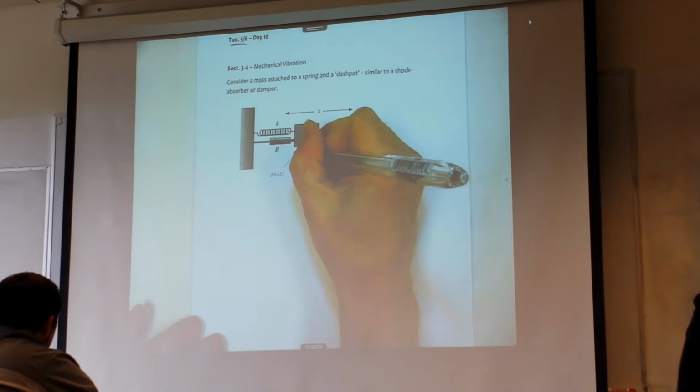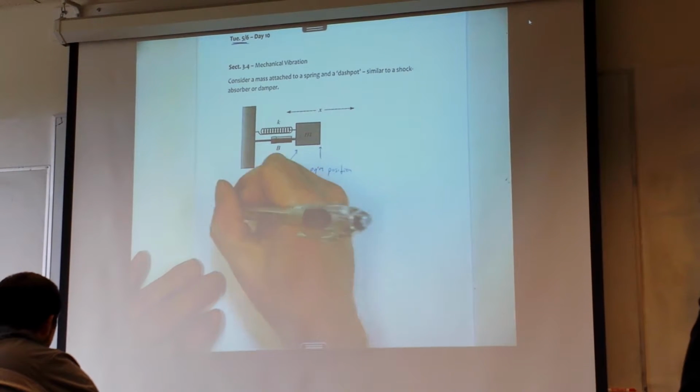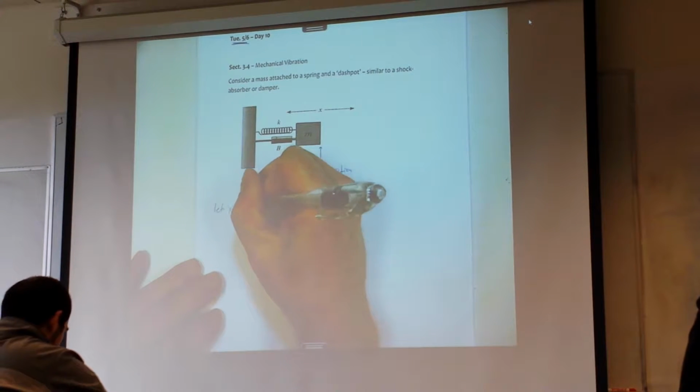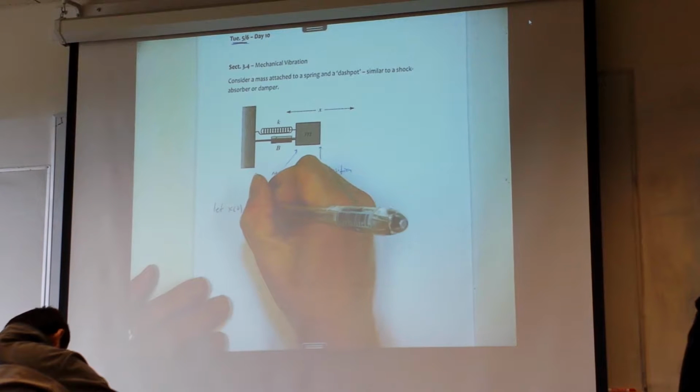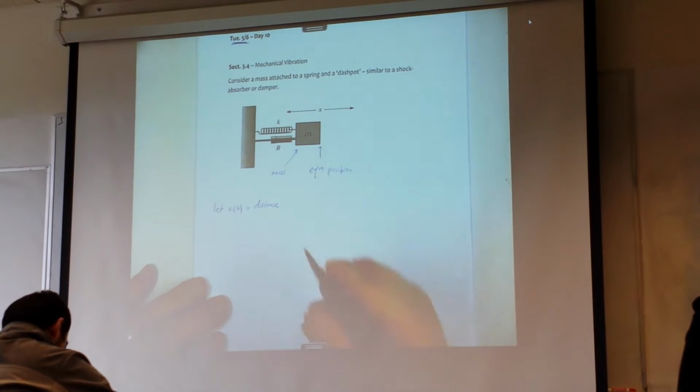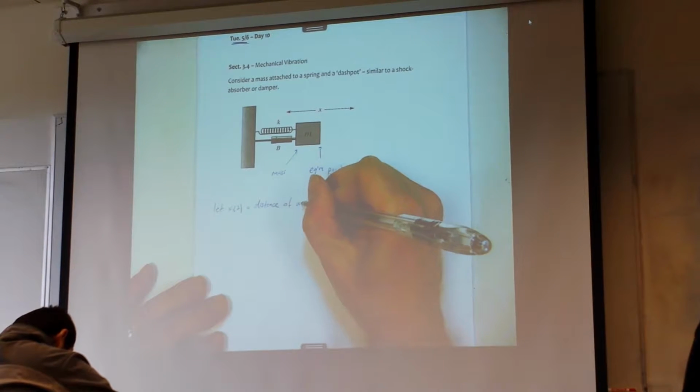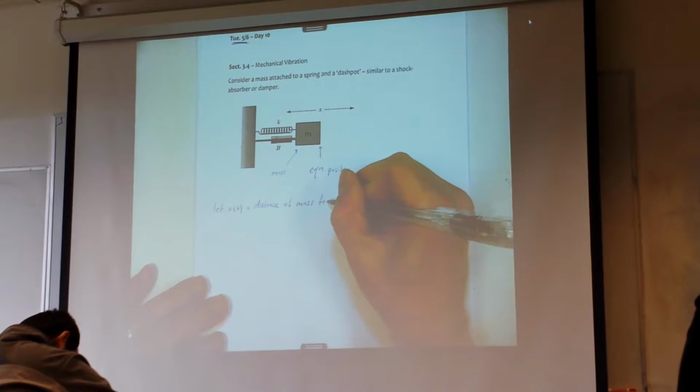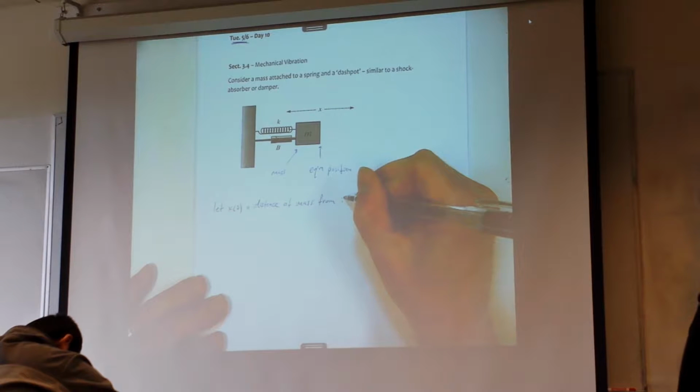Let's be precise and define our things here. Let x of t represent the distance of that mass from its equilibrium position.